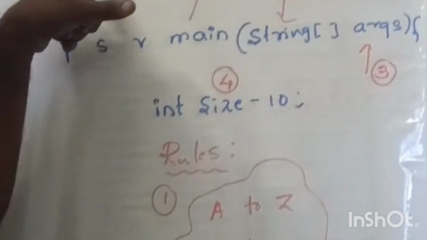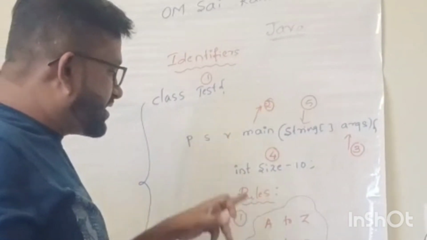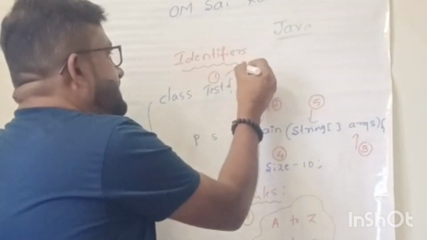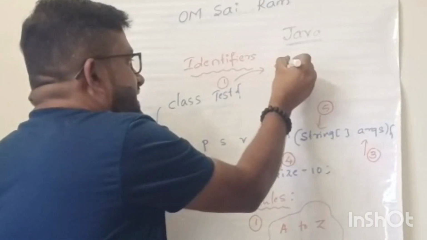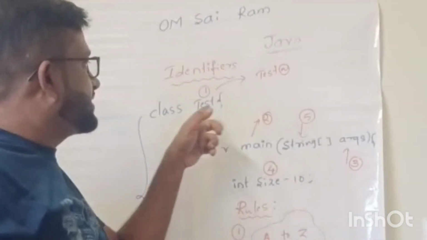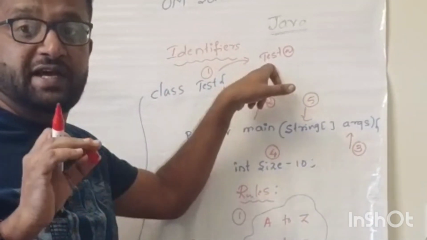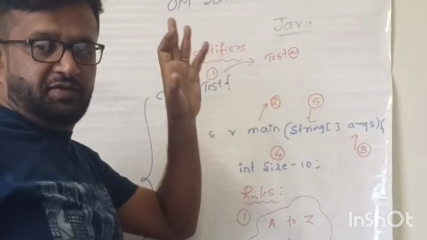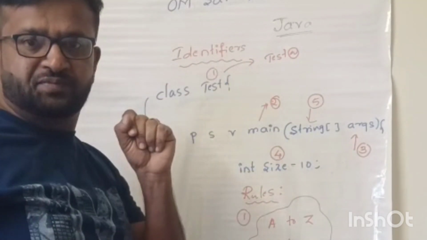Now I created a test class here, right? The class name is test. You can see all are allowed characters, so yes, it's allowed. Now if I create any other identifier, for example test at the rate symbol, this is an invalid identifier. If you do not follow these rules, the compiler will throw an error.